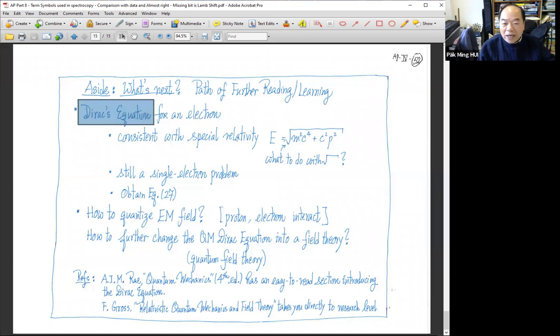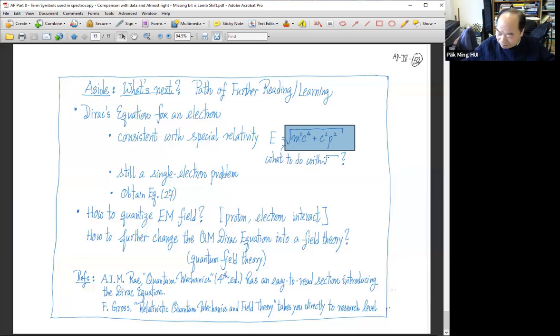So Dirac wants to write down a quantum mechanical equation that is consistent with special relativity. So what he wanted to do is to do the following. Take the square root, then, but he doesn't like the square root, so he wants this square root to be done in some way.